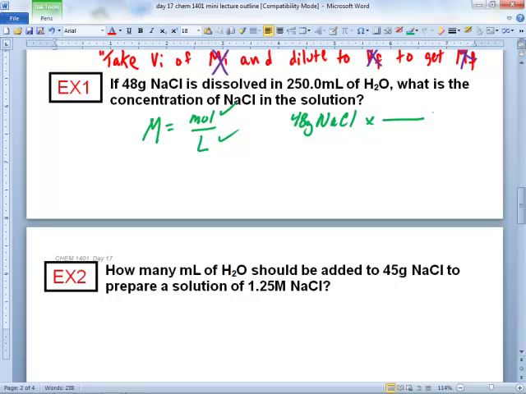Get the units to cancel. The bottom, right? 58.45 grams of sodium chloride in a mole of sodium chloride. So we've got 48 divided by 58.45, around 0.82.